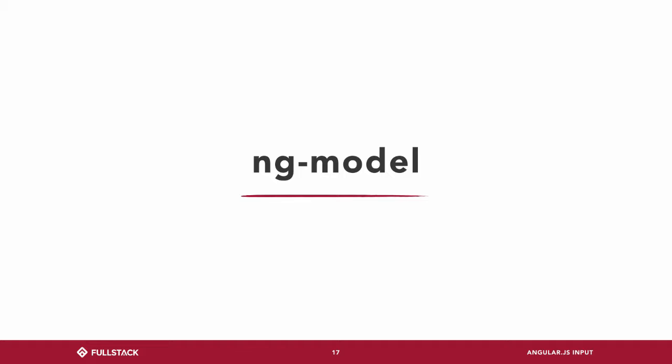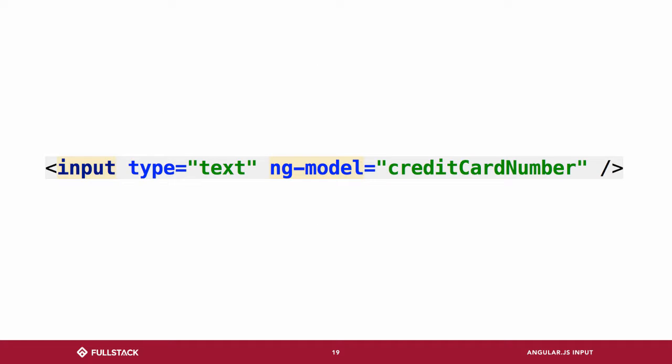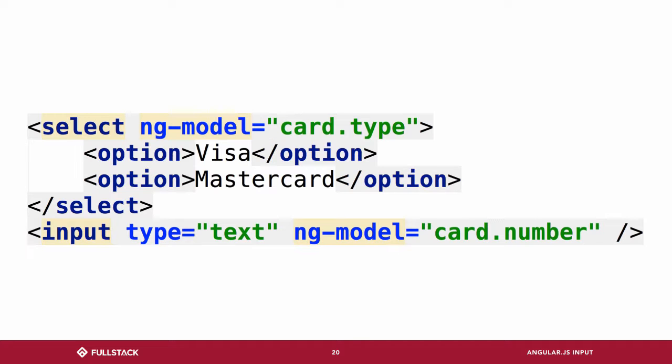This is not new to you, the idea of using an ng-model. The ng-model is this two-way data binding that we could end up using. We could pass a value, and if the value is not there, it'll actually set the value up on the scope. So here, we could do an ng-model for credit card number, but more than likely, we're going to have this object, card.number, card.type.